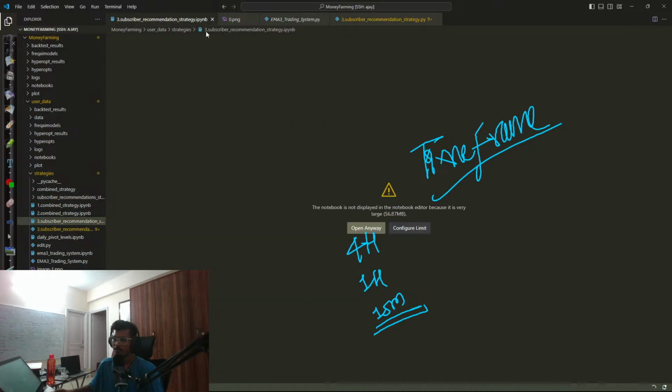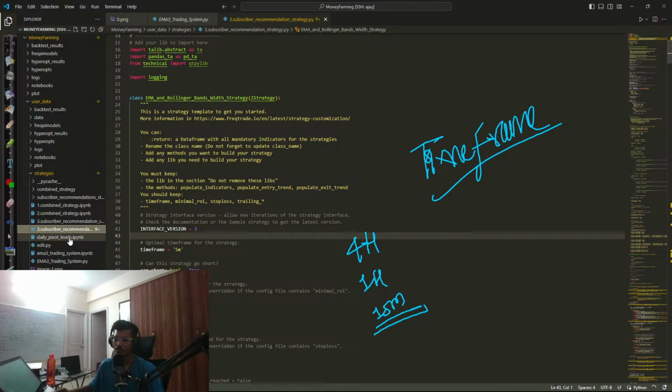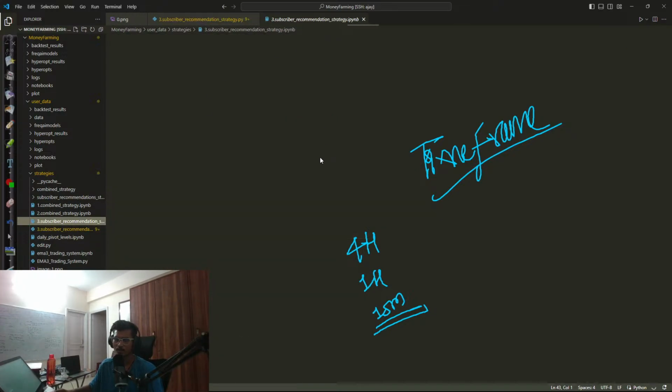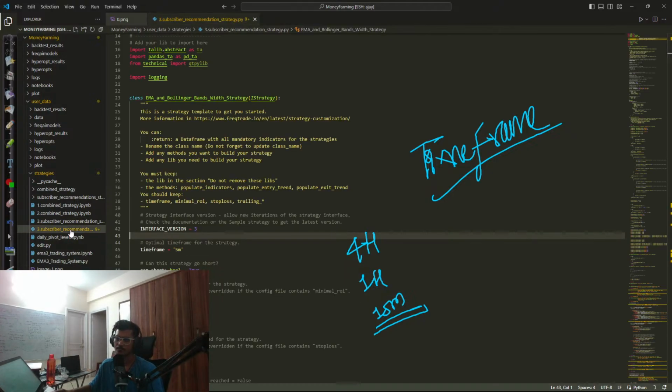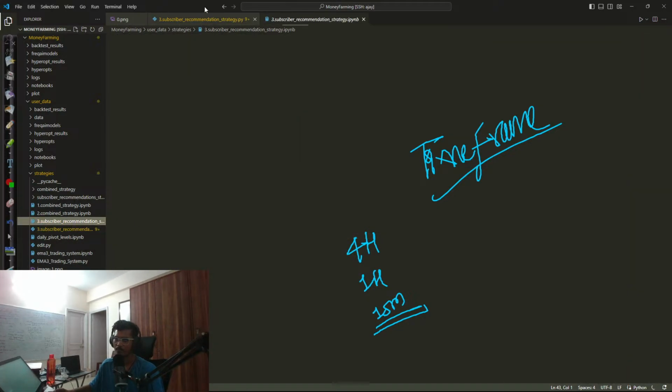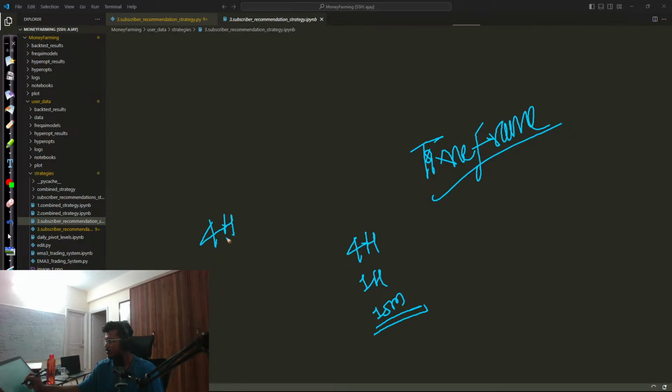So I'll show you. I was actually thinking that on the 4 hour you see the Bollinger bands, and then on 15 minutes you see the EMA condition.